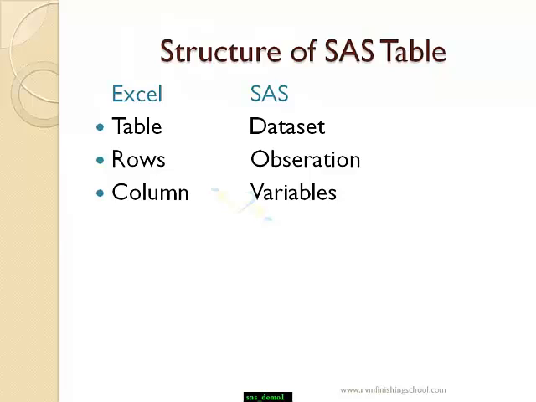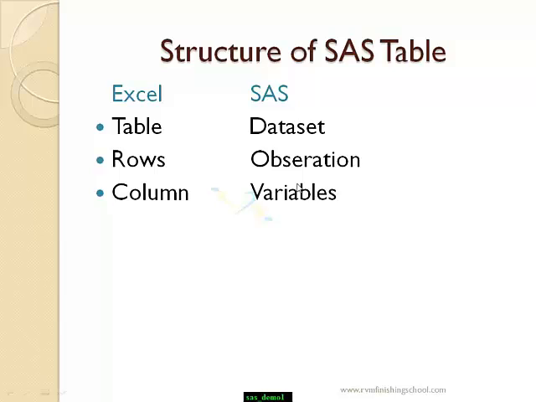Now it's very easy to understand the SAS structure. You can compare it with Excel, though the terminology is different. In Excel you say table, in SAS you say data set. In Excel you say row, in SAS terminology we say observation. In Excel you say column, and in SAS terminology we say variable.